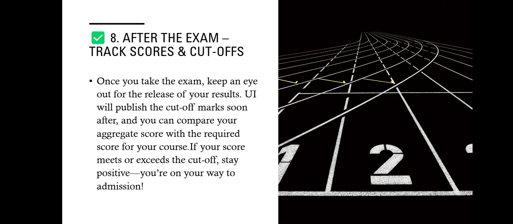The last person on the line, this 150th person, will be the cutoff. The person below that 150th person will be cut off. So that's how they do it. So the cutoff mark will be released after the exam, or after the result has been released.